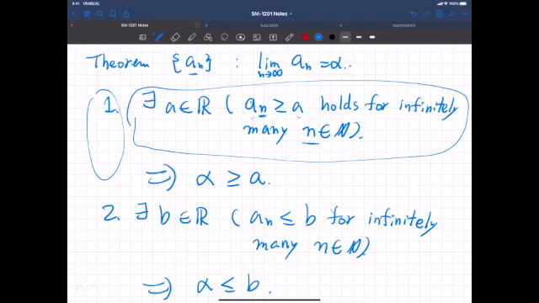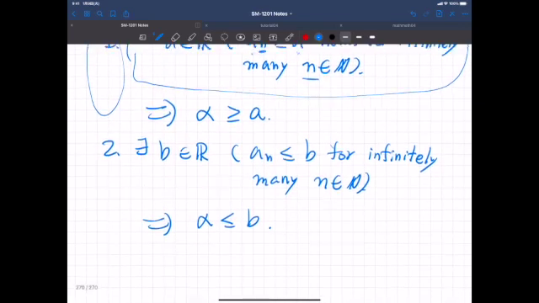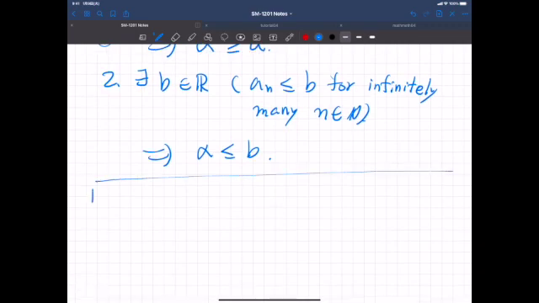Okay, let's prove this, and we prove only the first part, and the second part should be very similar. Here it goes.